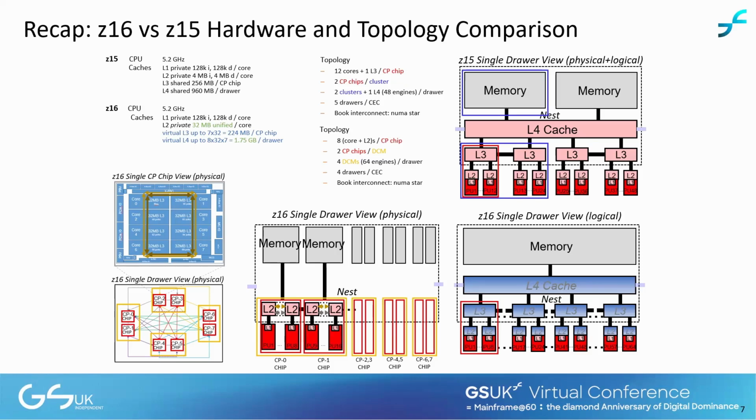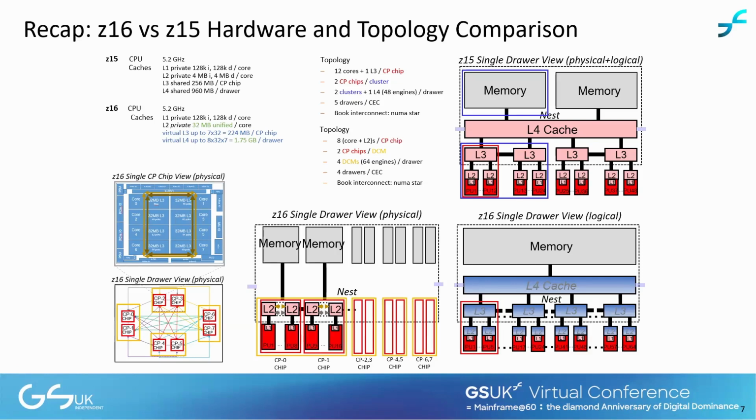Like I said, the upper right for Z15, the logical view and the physical view are one and the same, but on Z16 they're different. So the logical view is the apparent, what it feels like to whoever's driving the car, but the physical view is what you would see when you open the hood, and you realize pretty quickly it doesn't look like anything that's come before or since.